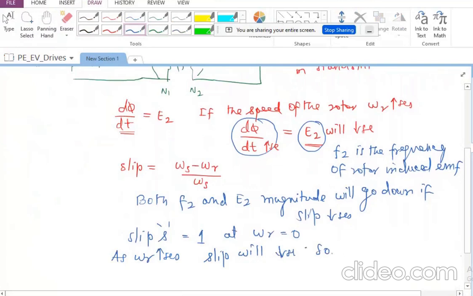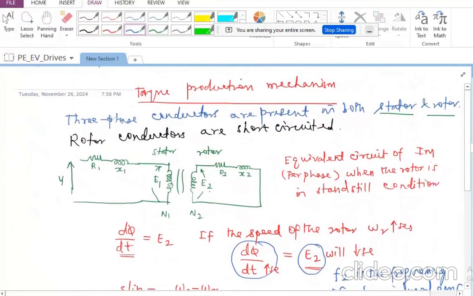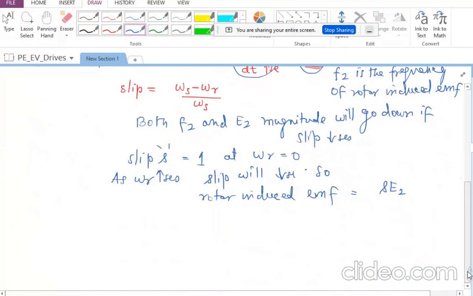So rotor induced EMF and the frequency both will become S times E2, where E2 was the EMF at standstill condition. When I had E2 as the induced EMF in standstill condition, S times E2 becomes the induced EMF at any other speed omega R. And S can be calculated based on this particular expression.